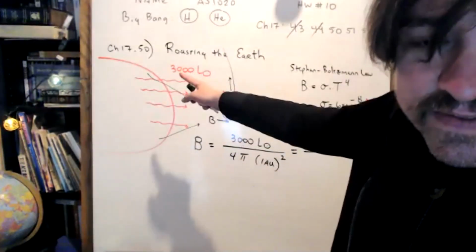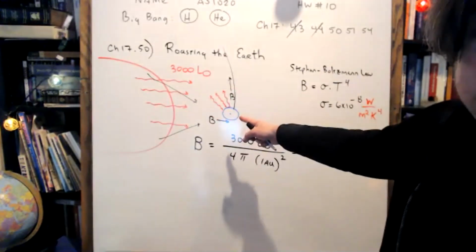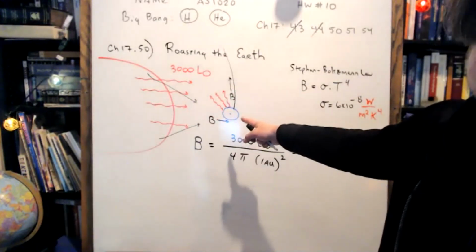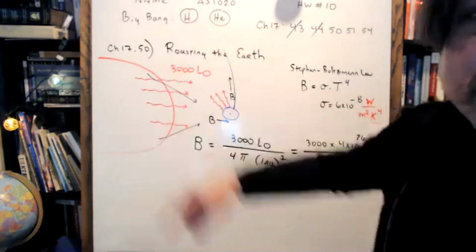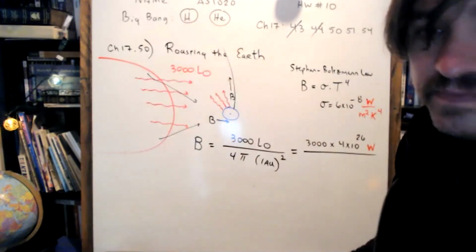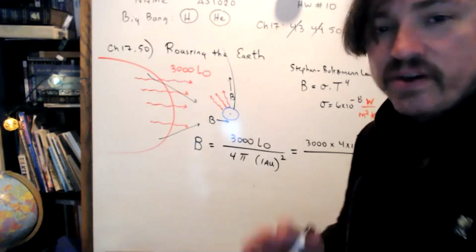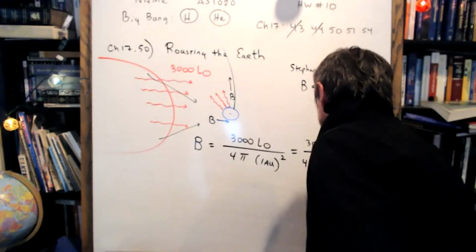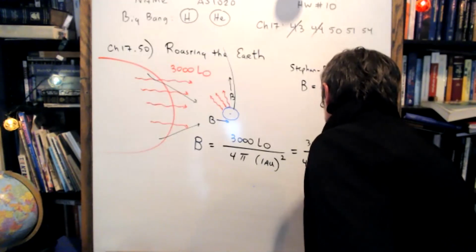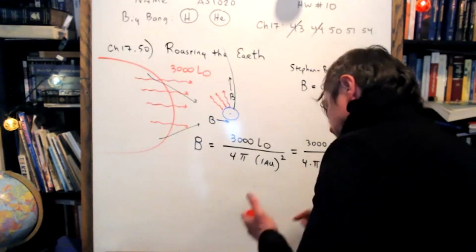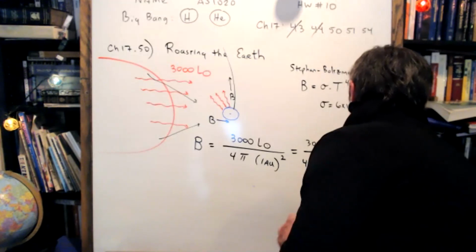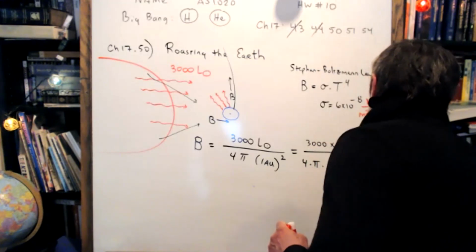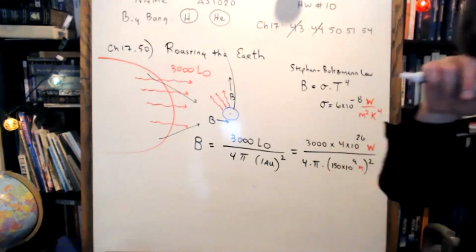As long as the radius of the sun is less than 1 AU, or close to it, then the brightness will be spread out over the sphere in the same way. I could explain that, but I don't feel like it, okay? 4 times pi times 150 billion meters squared. Okay, tell me the brightness of the sun on Earth.